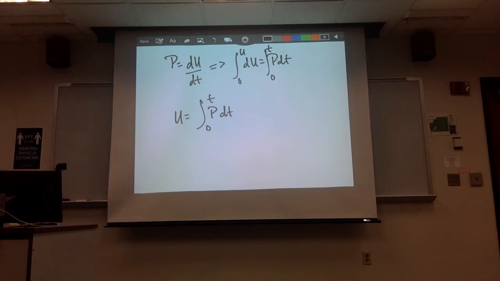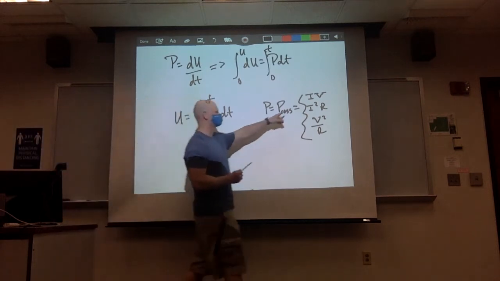So what's power? Power, we know, is simply going to be what? Our power, in this case, is the power loss, which is going to be equal to any one of those three things: this one, or this one, or this one, depending on what I need. In this case, I know the current density, which means I can find the current.